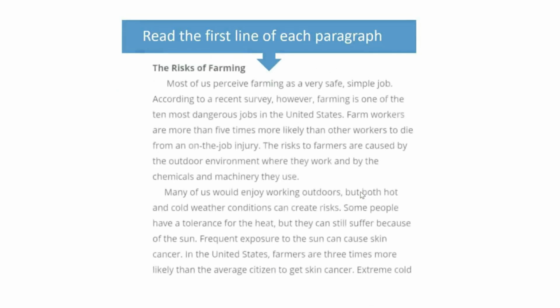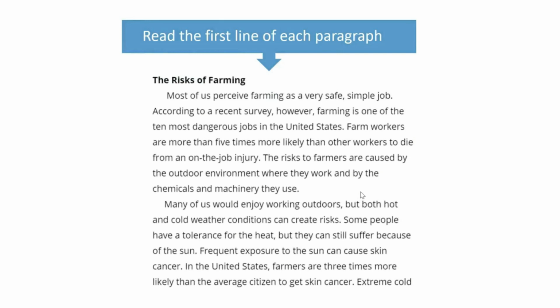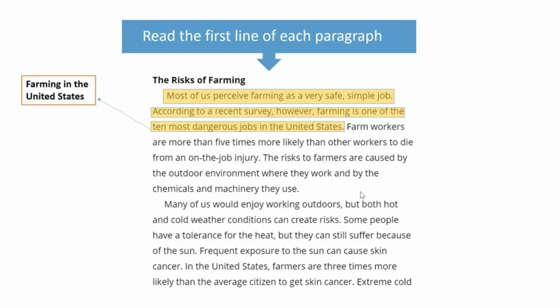So we read the first line of each paragraph. We have here the first 2 paragraphs. Read the first one: Most of us perceive farming as a very safe, simple job. According to a recent survey, however, farming is one of the 10 most dangerous jobs in the United States. So straight away, we're talking about farming in the United States, and it's negative.